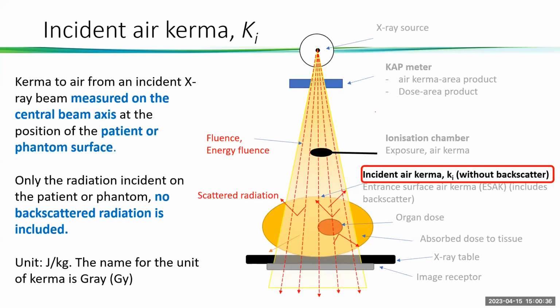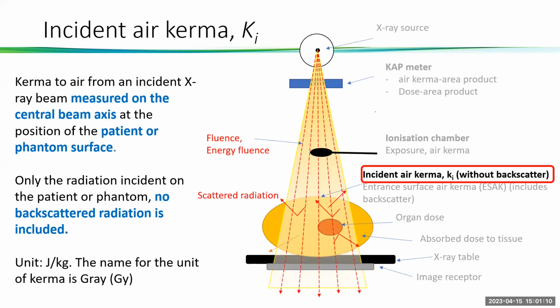That's why it's not sufficient to have kerma and absorbed dose only. So we need other special application-specific quantities like incident air kerma and entrance surface air kerma to describe what is happening at the surface of the patient. Incident air kerma is the kerma to air from an incident X-ray beam measured at the central axis at the position of the patient or phantom surface.